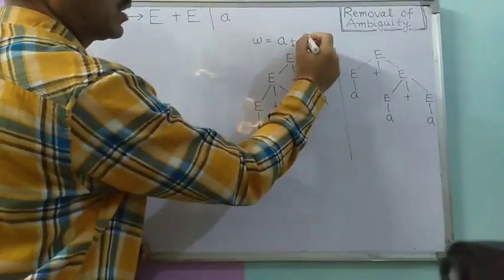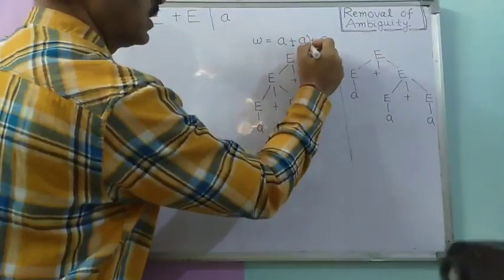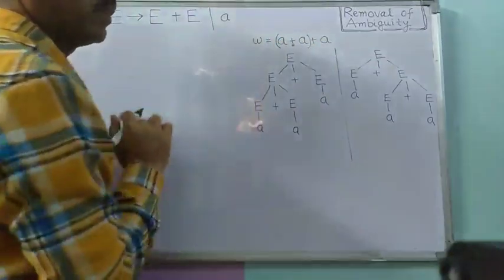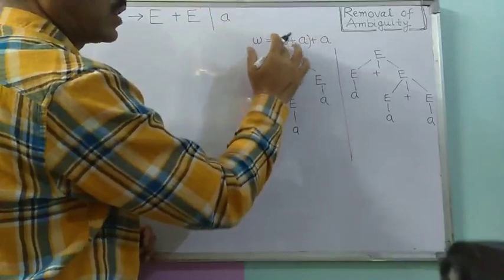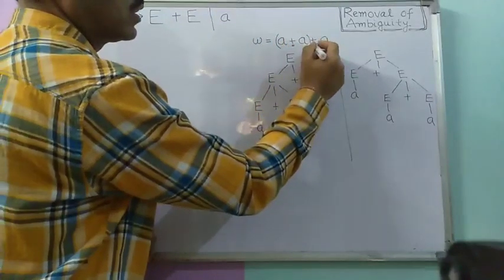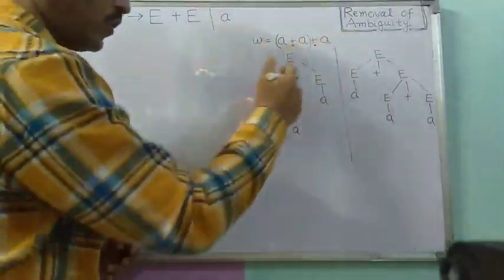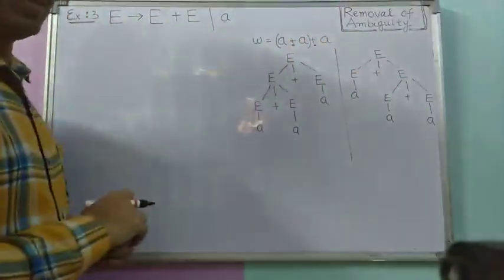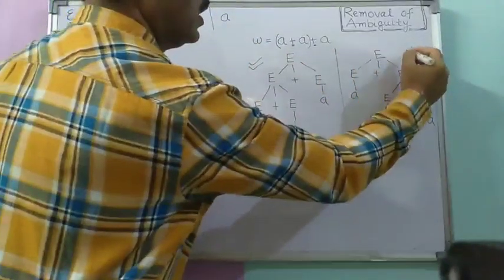So basically this expression is something like (a plus a) plus a. First this operation will be performed, and with the result of this operation, this plus operation will be performed. So which of these two trees reflects this operation? Obviously this one. This is the correct one, and this is the wrong one.